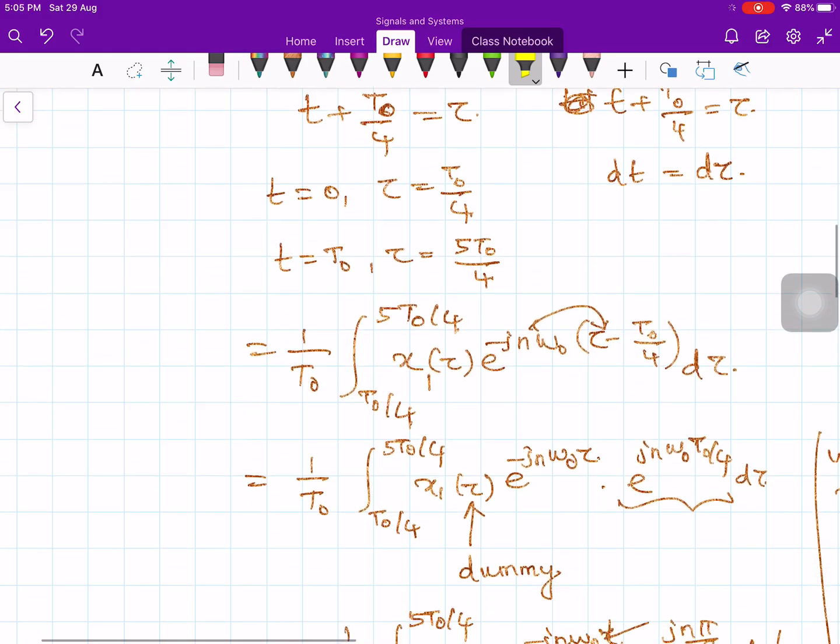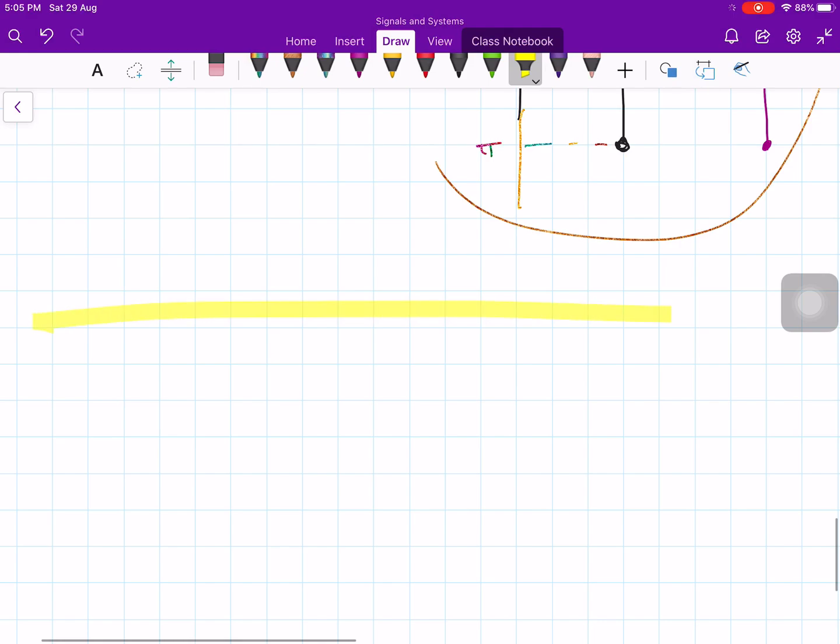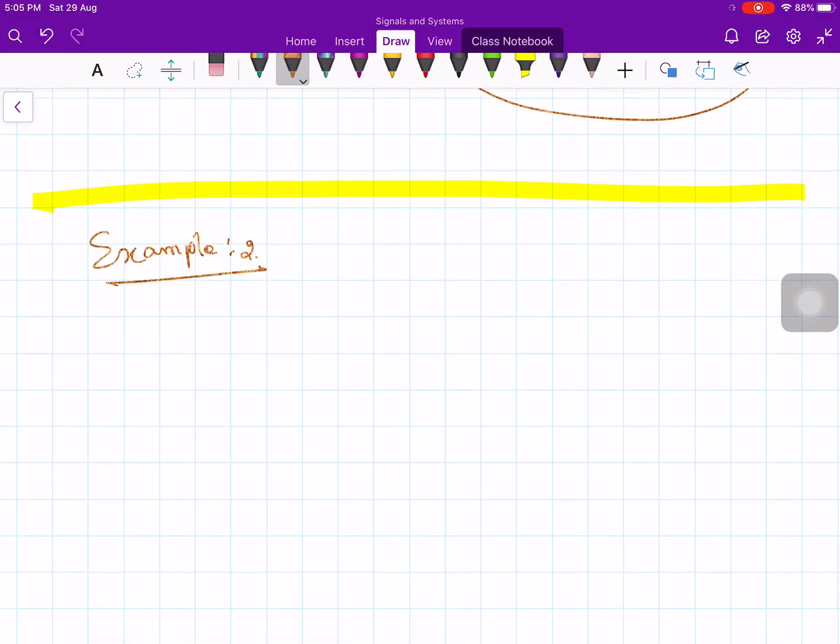Fine. So let me consider a second example. Example 2. Suppose the periodic function that we are talking about is a periodic impulse train. I have impulses like this.